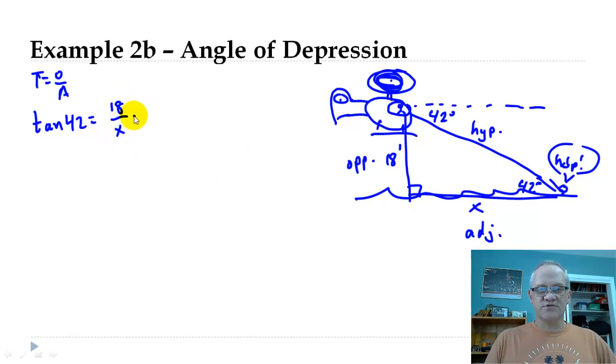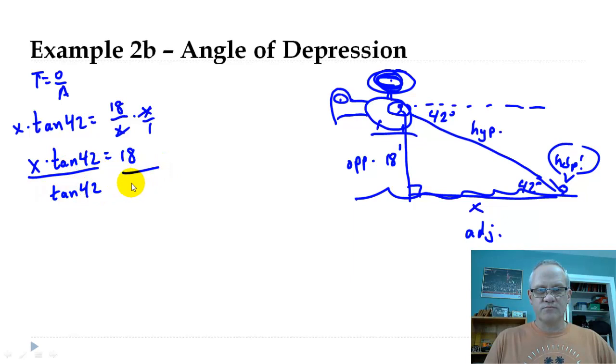So to solve that, just go times x to get the x back up on top again. X times the tangent of 42 equals 18. Divide by the tangent of 42.